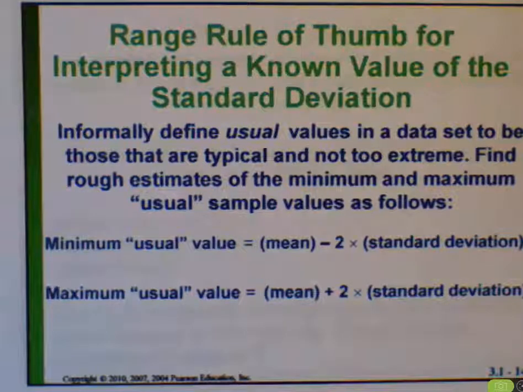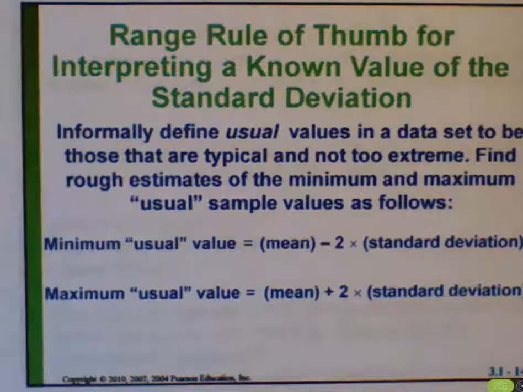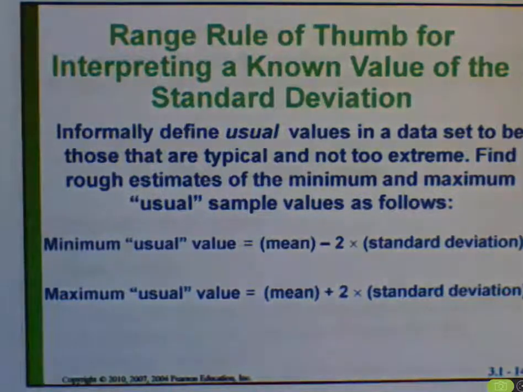Now, it's time to give an official statistical definition to unusual. So far, we've just relied on our gut instinct. Does this seem like it's unusual? Does it not seem like it's unusual? But in statistics, we have an official definition for what we consider usual and unusual, and it's based on the range rule of thumb.